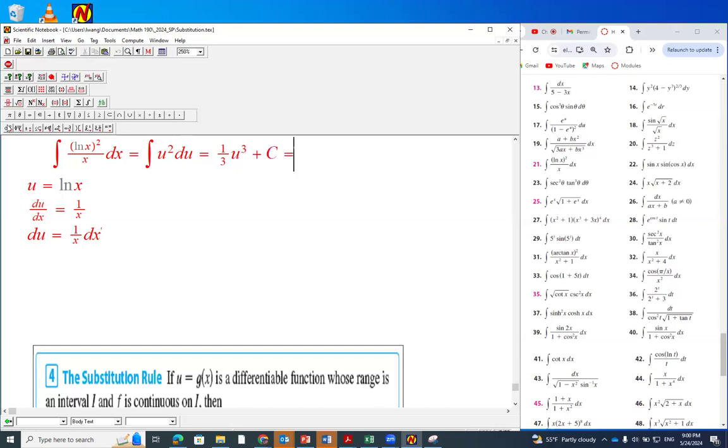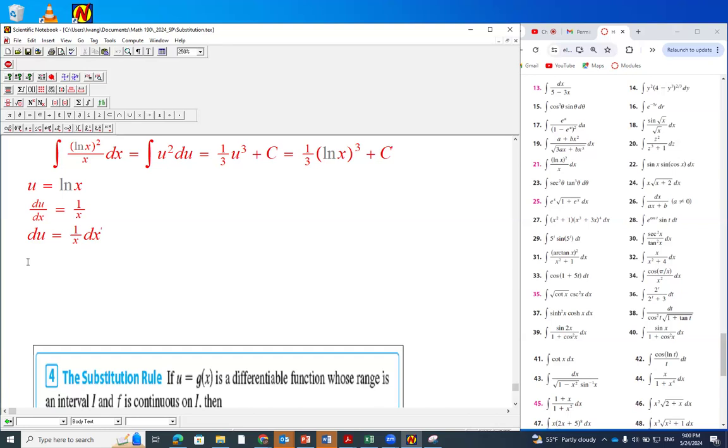In the end, we have 1/3 u, which is ln x, raised to the 3rd power, plus constant. Finished.